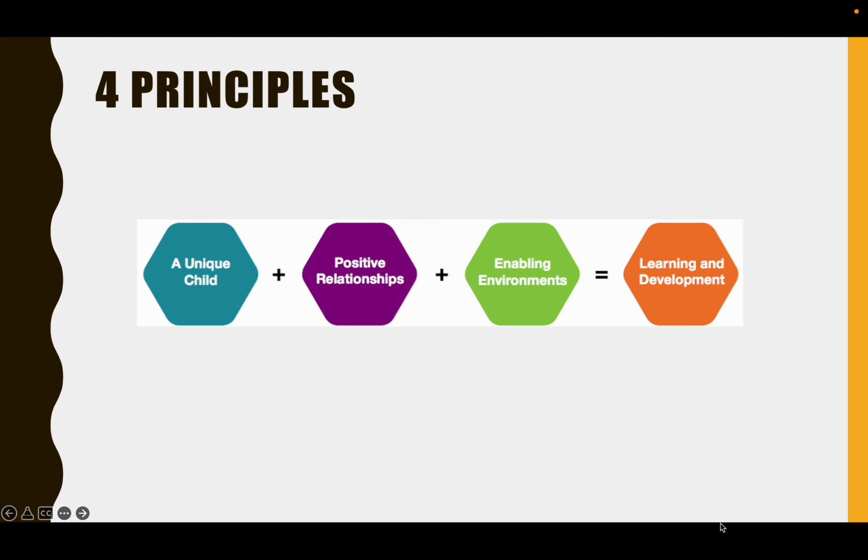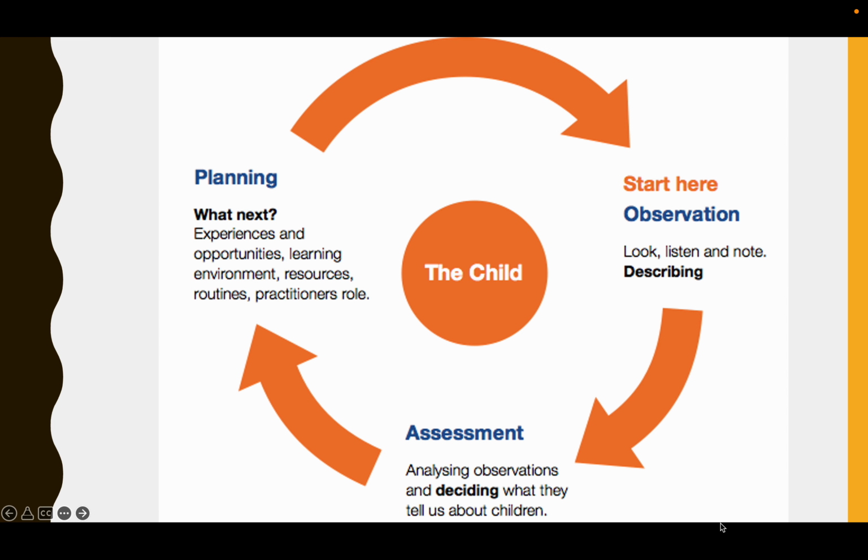And what the EYFS says is when you put these 3 things together, the uniqueness of a child, positive relationships and enabling environments, that the fourth principle, which is learning and development, that's when it takes place, when these other 3 things are there and fully realized.